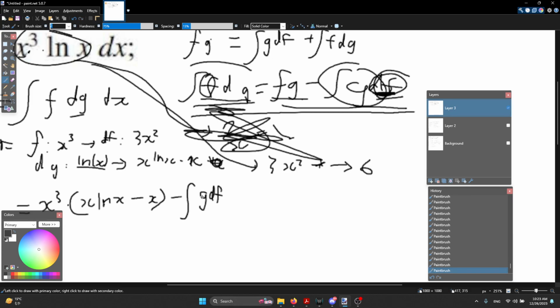So what is g? g is x natural log of x minus x, and times du. So what is the df? It is 3x squared.